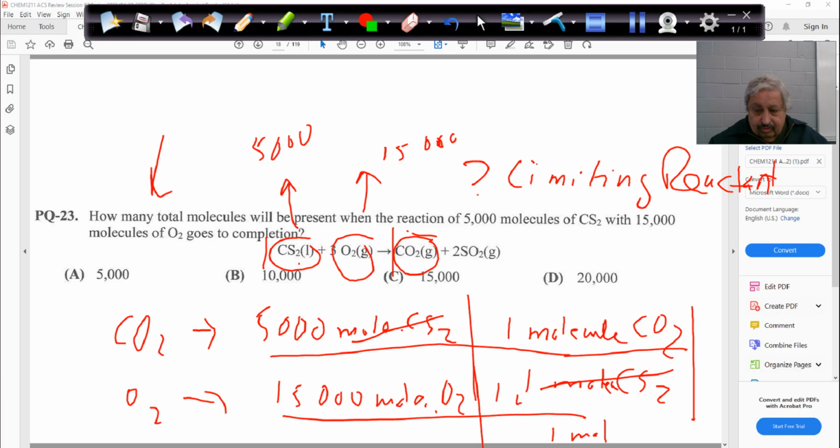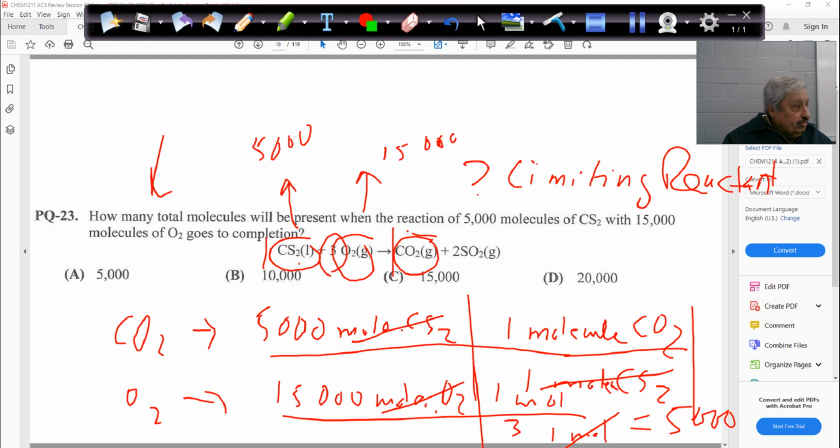Here is one molecule of CO2 to how many molecules of oxygen? 3 to 3. So oxygen molecules cancel out. 1 over 3. So 1 over 3 is how much? 5,000. So I specified this because this type of question is not correct.